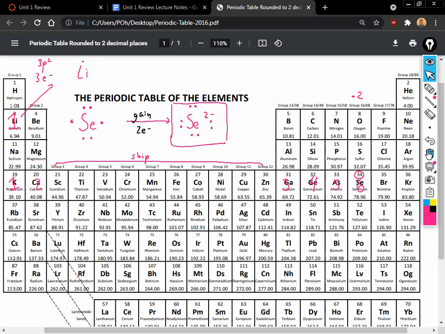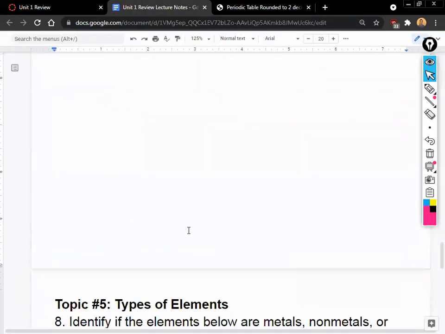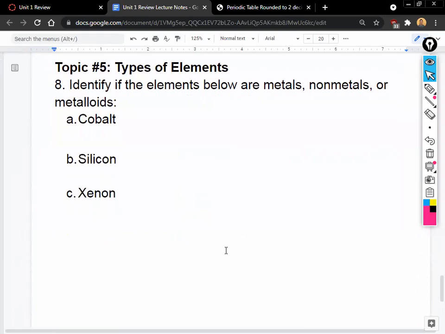Alrighty, guys, let's move on to the last question, and then we'll be all done for the day. So the last question is going to be the last thing we talked about in this unit about metals, non-metals, or metalloids. Now, metals, we said, are going to be on the left and middle of the periodic table. Non-metals are going to be on the right side.